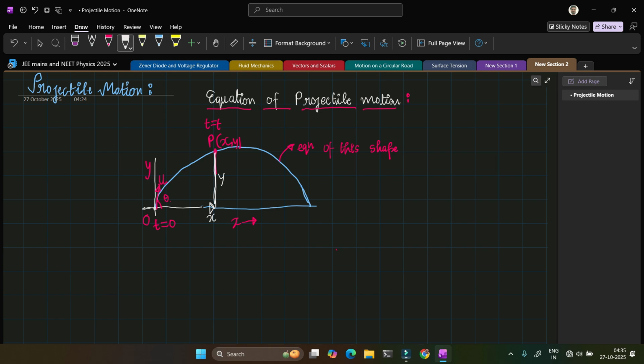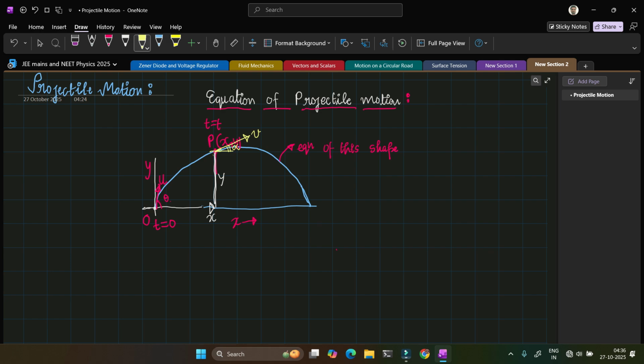Because some time has passed, let us suppose that at this point its velocity is v. And how do we find the velocity direction? We draw a tangent line, and this velocity v makes an angle alpha with the ground.